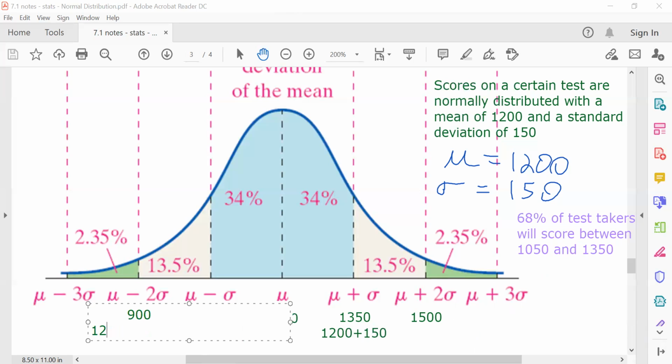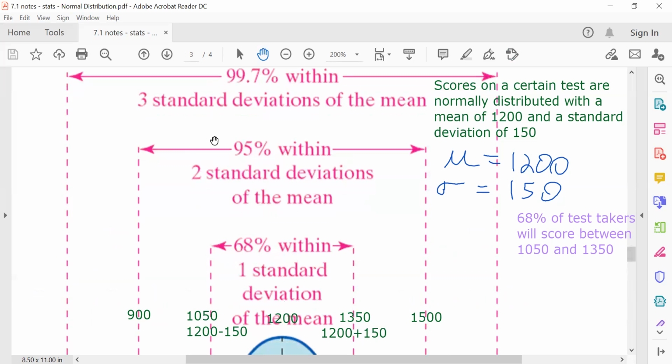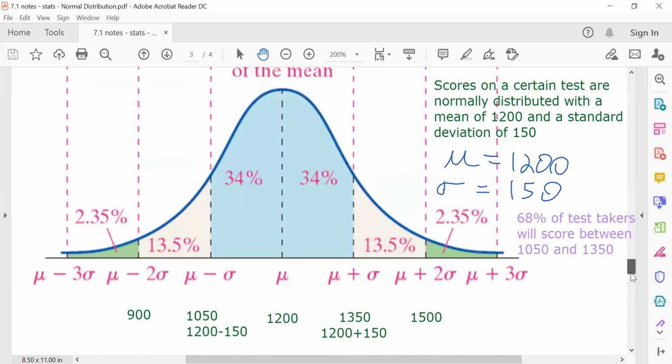So now, if you score a 900, you scored 2 standard deviations below the mean. And so now what we can see is, according to the empirical rule, 95% of the data falls within 2 standard deviations of the mean.